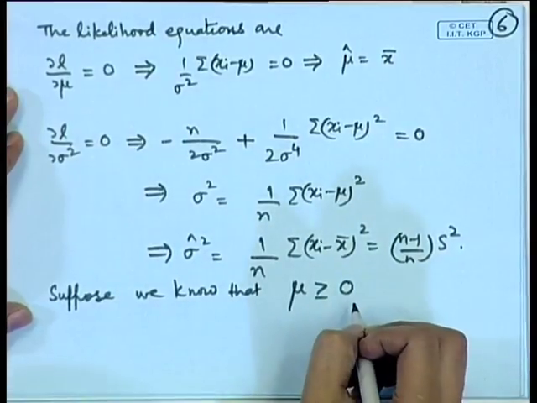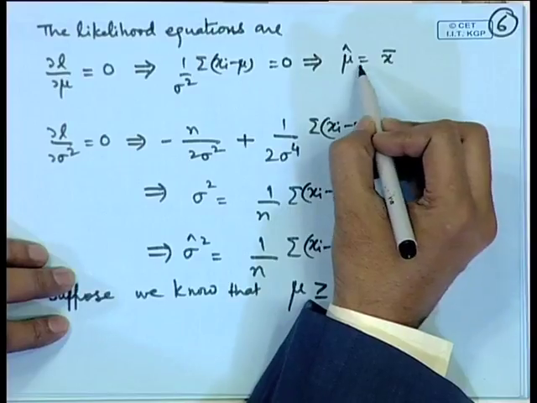This type of situation occurs when through some experience we already know that the mean is non-negative, although the variable may be normally distributed, but because of the way the experiment has been framed or any other reason, the parameter space is restricted.